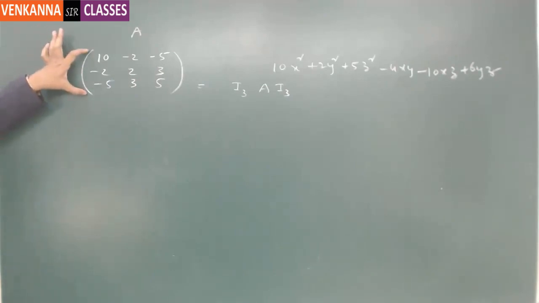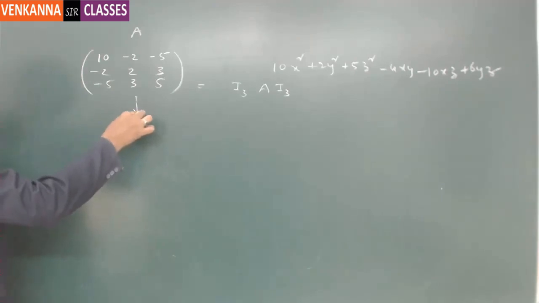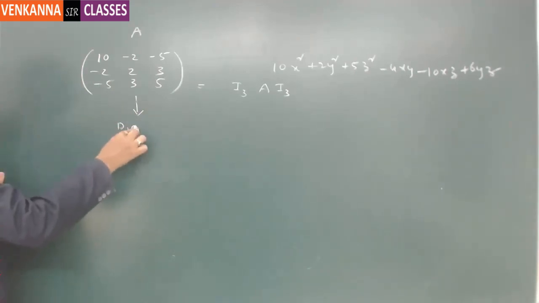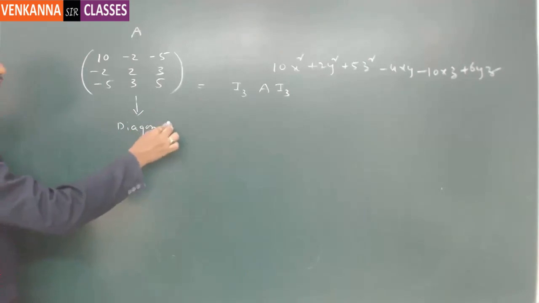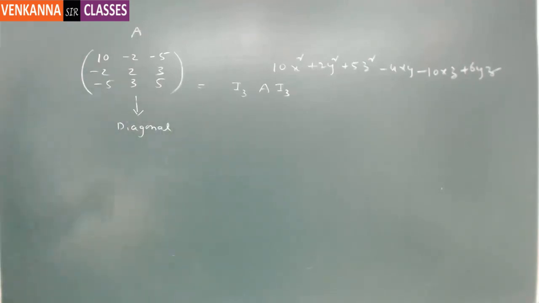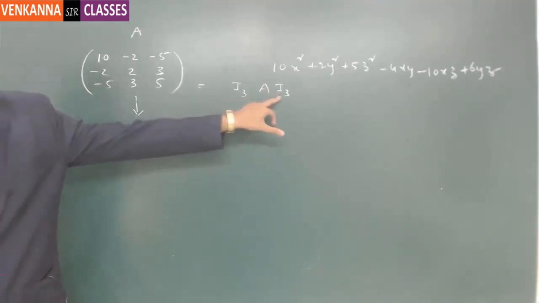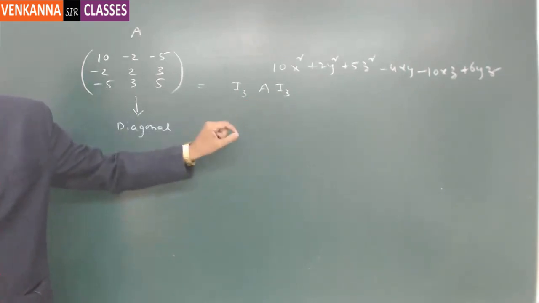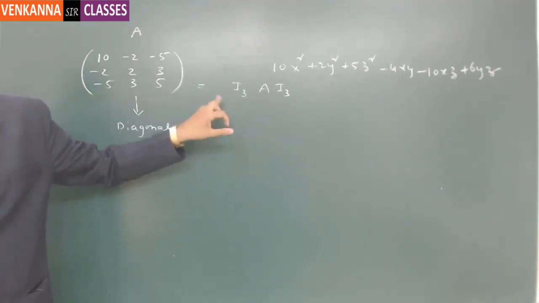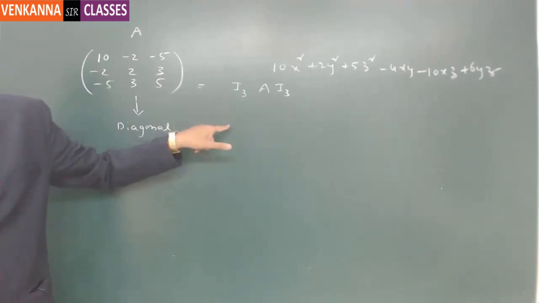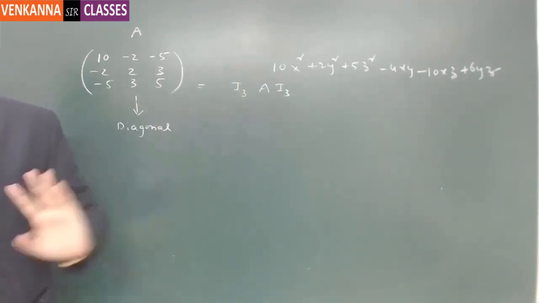On this A, I am applying row operations as well as column operations, and I will reduce this into diagonal matrix form. Since I am applying both operations, row and column, this is the prefactor and this is the post factor. I will apply row operations only on the prefactor. I will apply column operations only on the post factor.